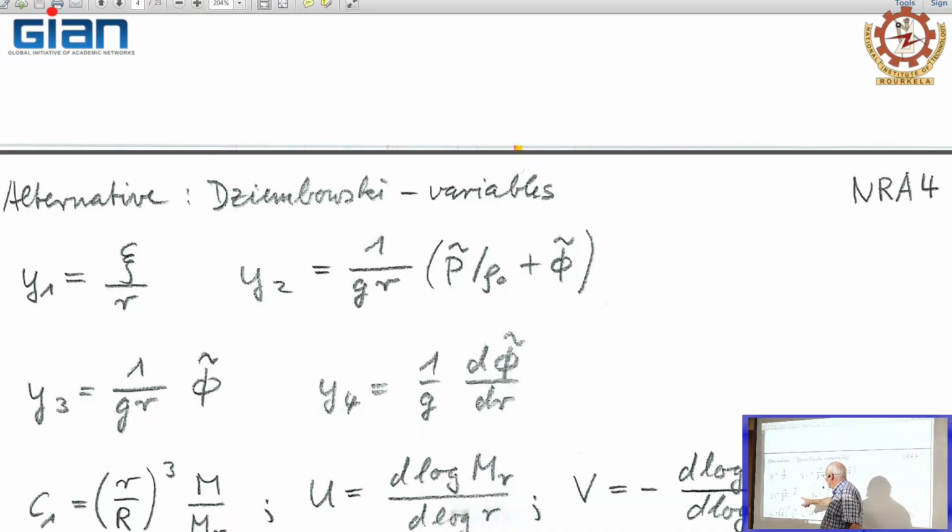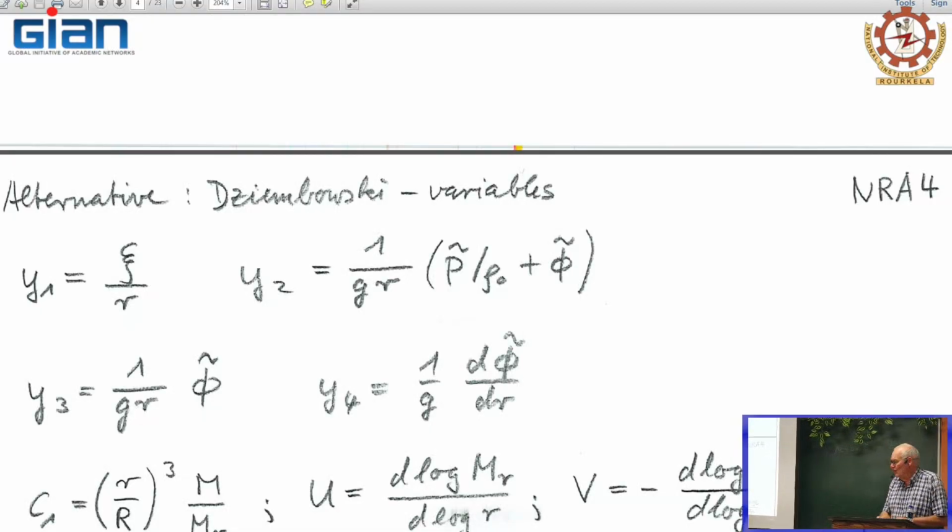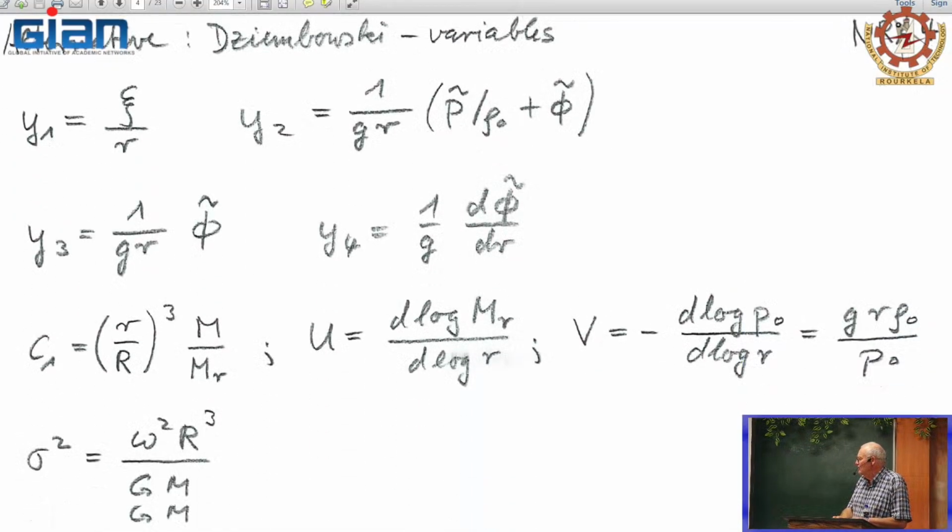And y3 and y4 are essentially the Eulerian perturbation of the potential, and the gradient of the Eulerian perturbation of the potential. All these are normalized here by 1 over the gravity. Then he introduces some new combinations of the background coefficients.